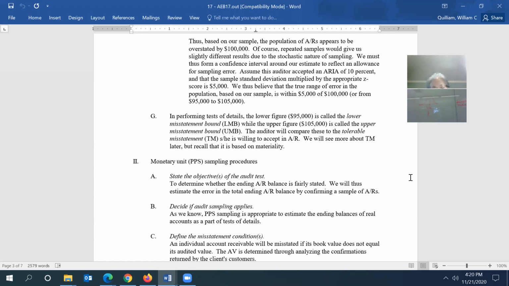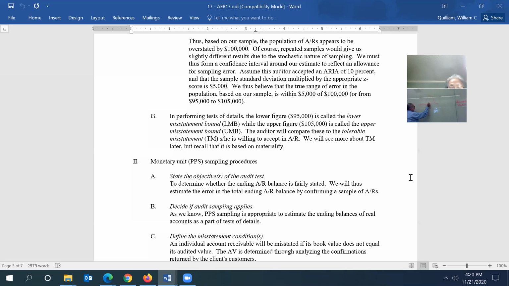And we would not be buying them with embezzled funds. So this true population value could be a little bit more or it could be a little bit less. So the entire population can have a little bit less than 100,000 of error, or a little bit more than 100,000 of error, or again, if it's time to play the lottery, exactly 100,000.